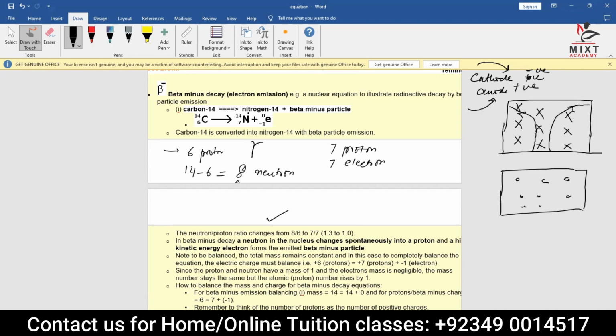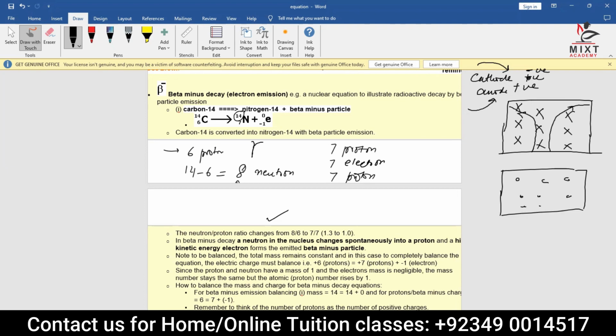But as far as neutrons are concerned, previously they had 8 neutrons, right? Now at this place, 1 neutron is converted into proton. That's the reason you increase by 1 proton. So basically, the number of neutrons is reduced to 7. Here 6 and 8 combine to give you 14. Here 7 and 7 combine to give you 14. That is the reason the nucleon numbers are same as the carbon one.